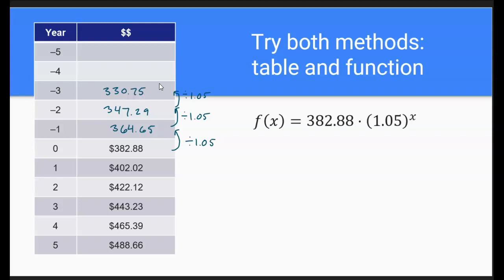We do it again. Divide by 1.05, I get exactly 315 here, so 315.00. And then one more time, divide by 1.05. I get $300 exactly, 300.